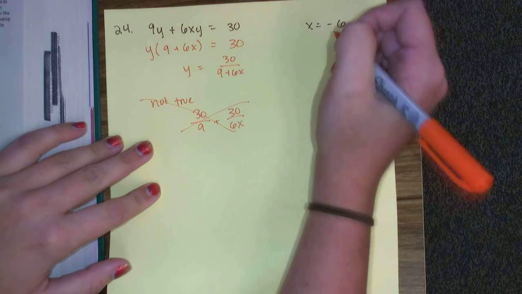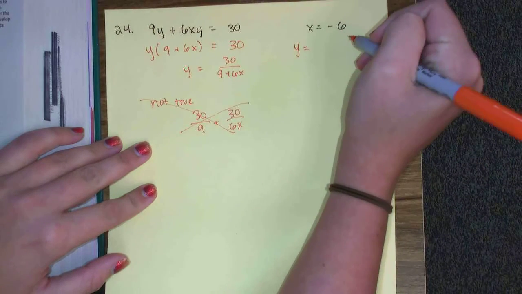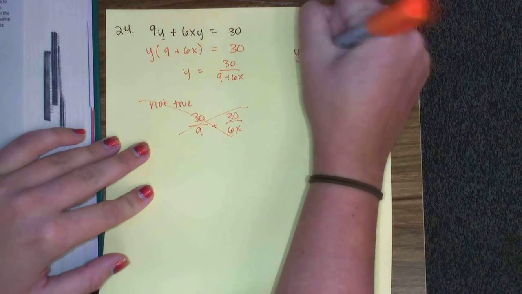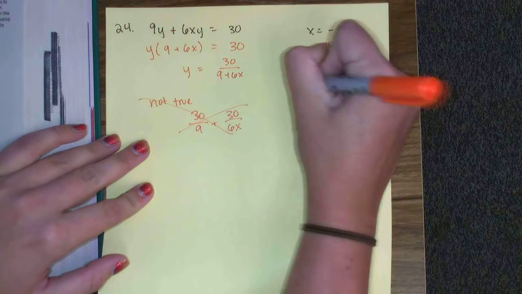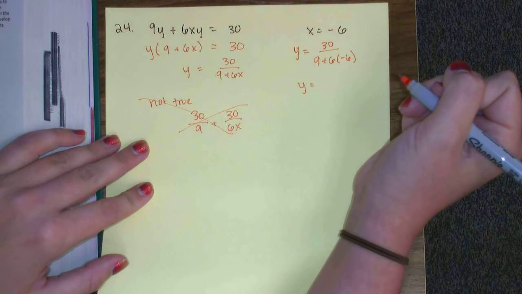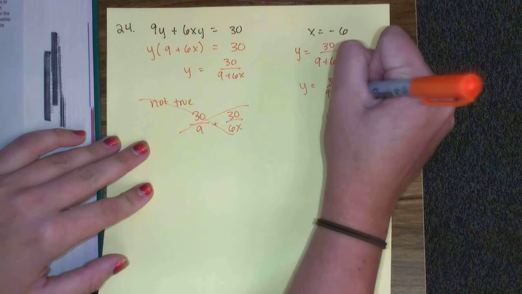Yep, so y is equal to, now I just need to plug in this negative 6. 30 over 9 plus 6 times negative 6. So what does that give me? So 30 over 9 minus 36.